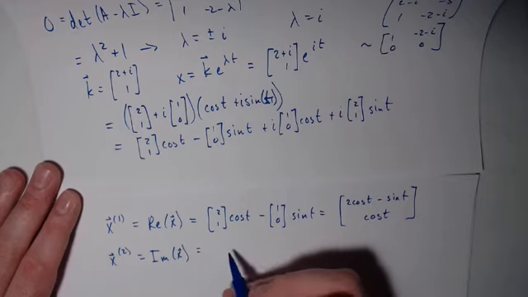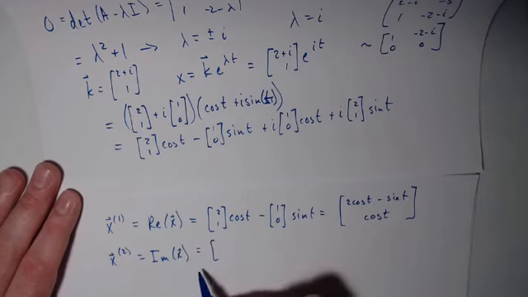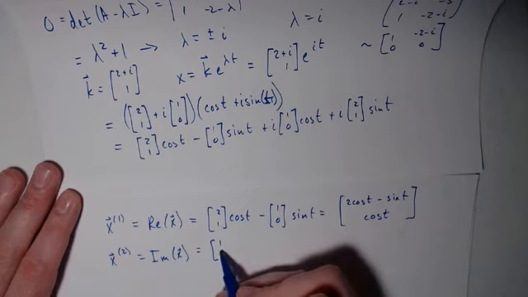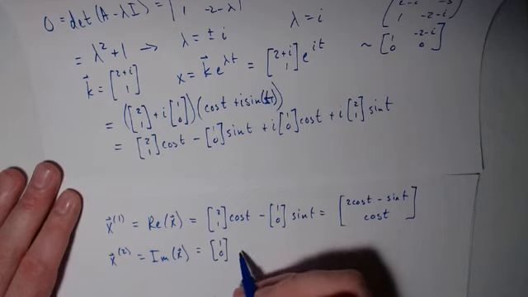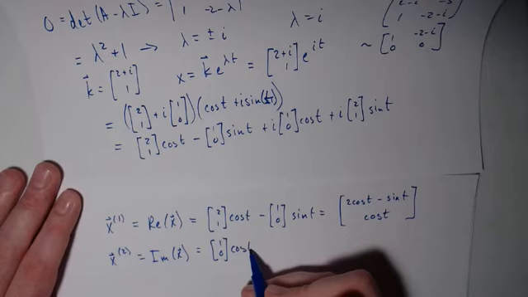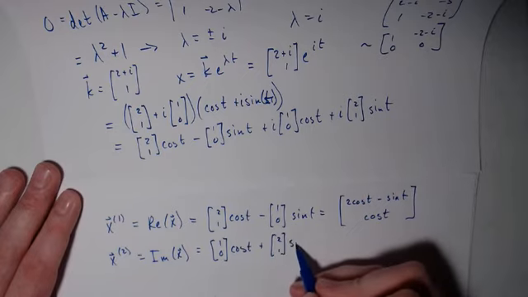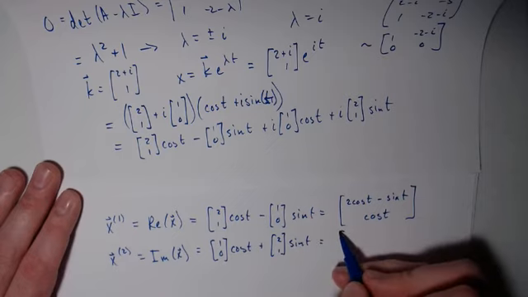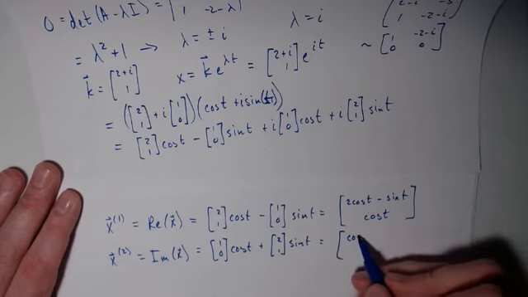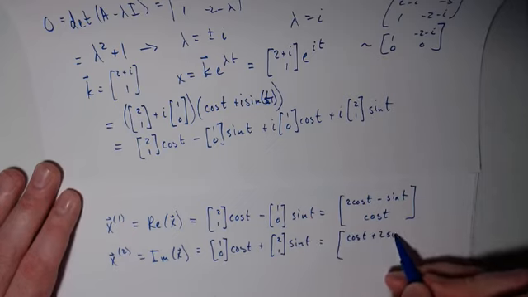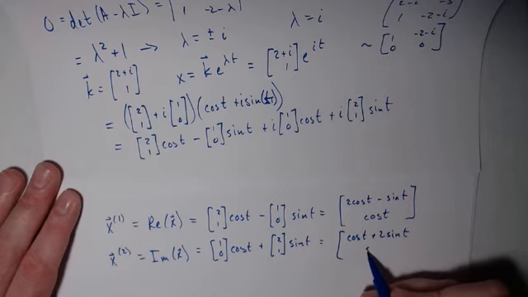So that is just, remember the imaginary part doesn't have the i with it anymore. It's just the coefficient of i. So 1, 0 cosine t plus 2, 1 sine t. And so that is cosine t plus 2 sine t, and then sine t.